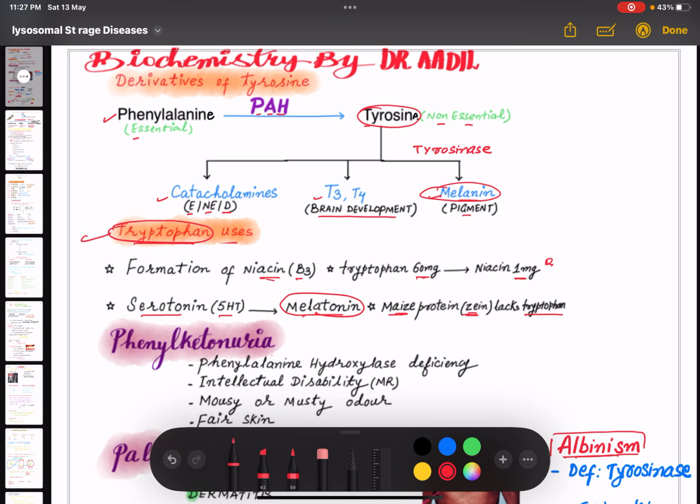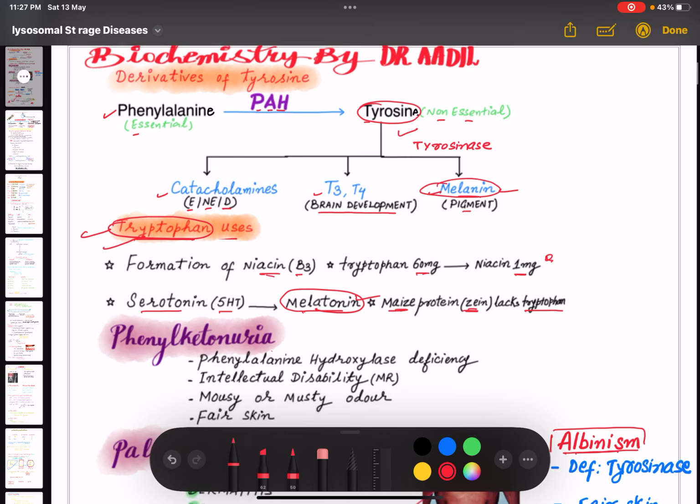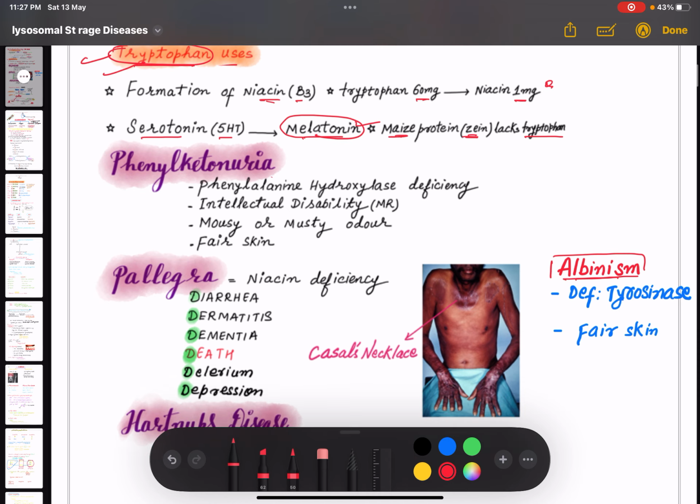How can you remember? Tyrosine and melanin are small words. Melatonin and tryptophan are bigger words. So remember like this.